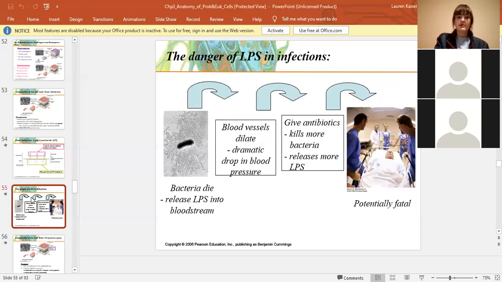Our gram-negative bacteria die and release this LPS into our bloodstream, and then we have blood vessels dilate and a dramatic drop in blood pressure. What do we call that? It's the 5-letter word. I had to count it. What's this 5-letter word that happens when our blood vessels dilate and our blood pressure tanks?